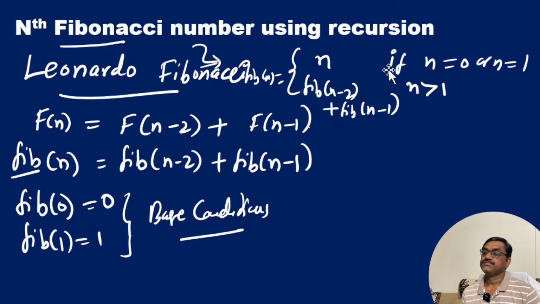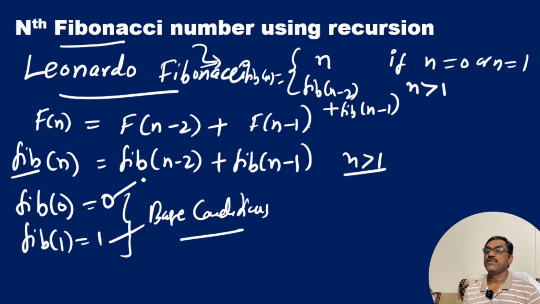This is the logic. If n equals 0, fib is 0. If n equals 1, the first Fibonacci number is 1. If n is greater than 1, then you have to use the principle: fib of n is given as fib of n minus 2 plus fib of n minus 1.